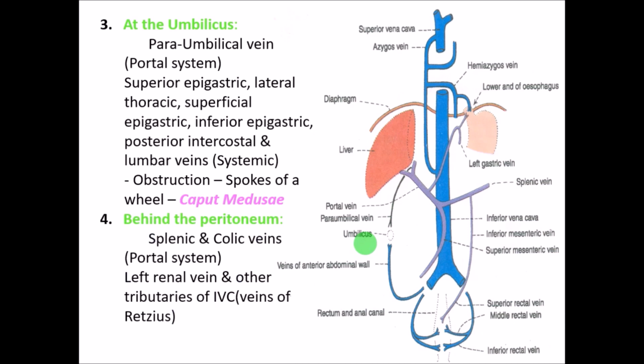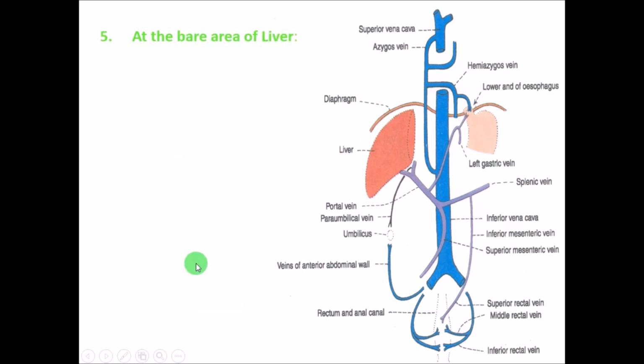This is the splenic vein here, and the colic veins, through the inferior mesenteric vein or superior mesenteric vein, all try to communicate with the left renal vein, especially the inferior mesenteric vein and the splenic vein. They try to communicate with the left renal vein and other tributaries of the inferior vena cava, which is behind the peritoneum.